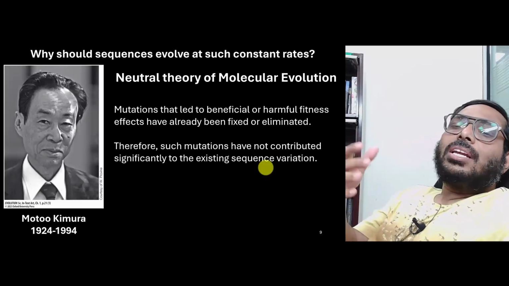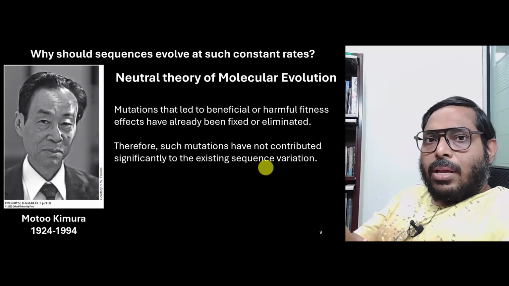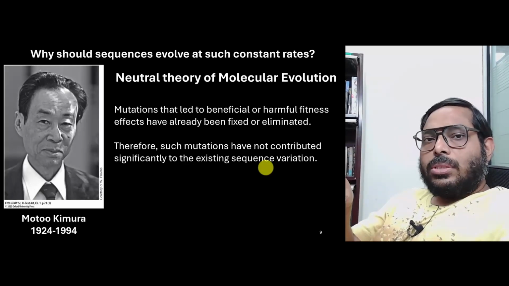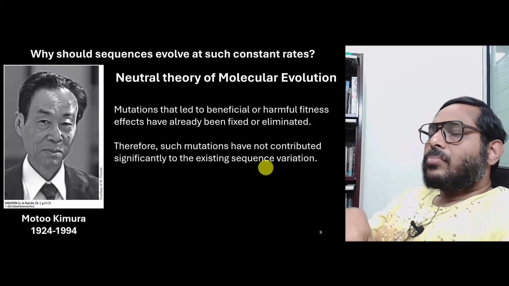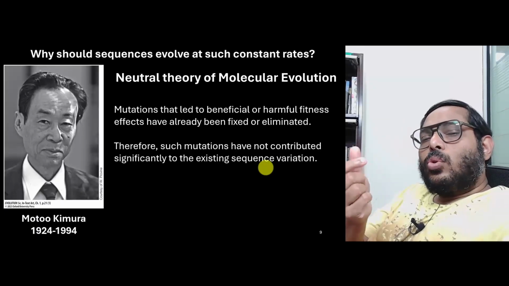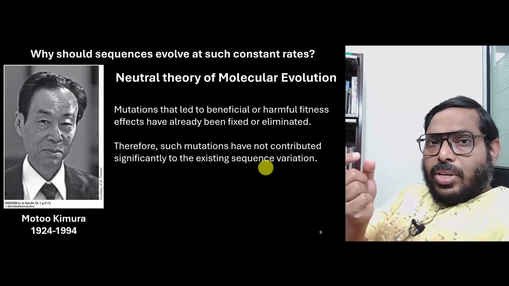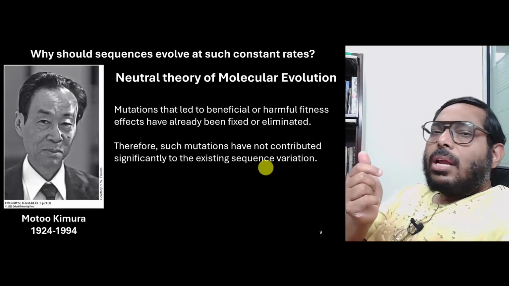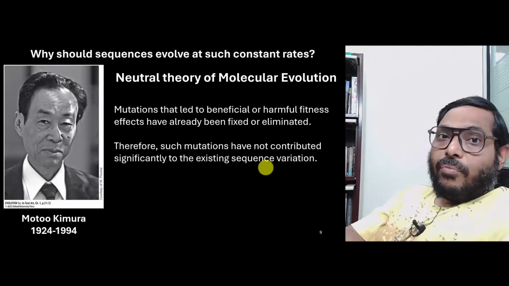So, all these deleterious mutations, since they are deleterious, what will happen? Over a long time, there is going to be selection against those mutations and they are just going to disappear from the population. At the same time, those mutations which are beneficial, if the benefit is reasonable, are going to slowly accumulate and at some point they are going to get fixed.